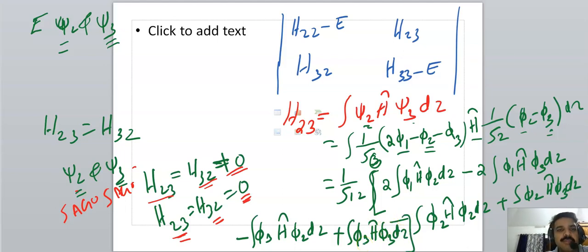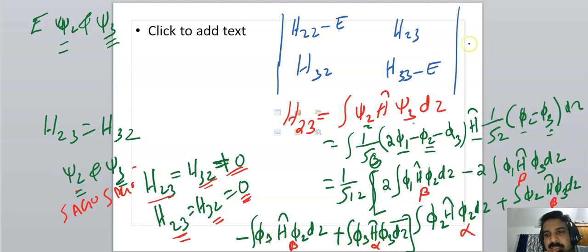That is our equation. Here the term phi 1 phi 2 is beta. Here also 2 into phi 1 phi 3 is also beta. Phi 2 phi 2 is alpha. Phi 2 phi 3 is beta. Phi 3 phi 2 is beta. Phi 3 phi 3 is alpha. Then we can solve this.